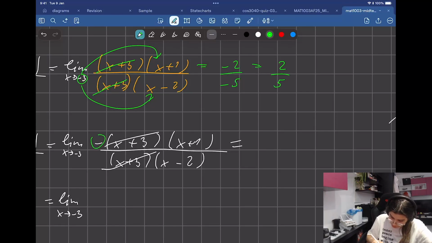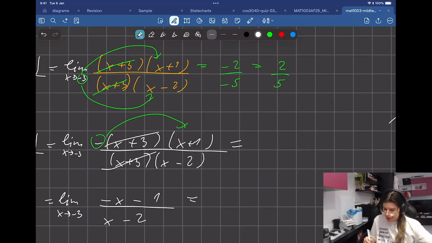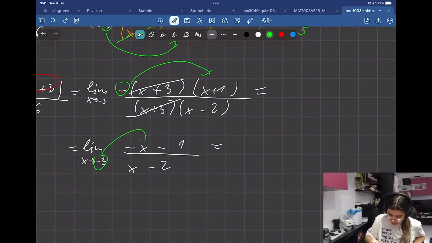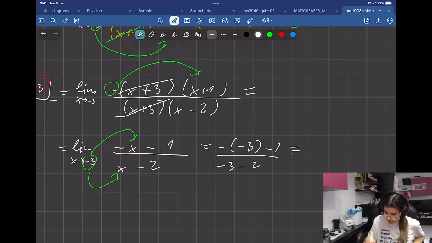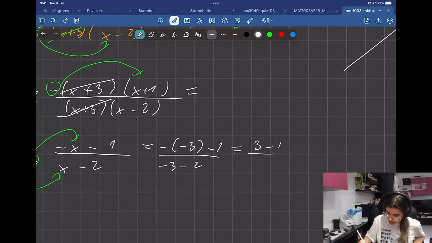Now keep in mind we have a minus in front of these parentheses, so it's going to be minus x minus 1 over x minus 2. And now if I plug in minus 3 for every x, this is going to be minus 3 minus 1 over minus 3 minus 2, which gives me 3 minus 1 over minus 5, which is minus 2/5.